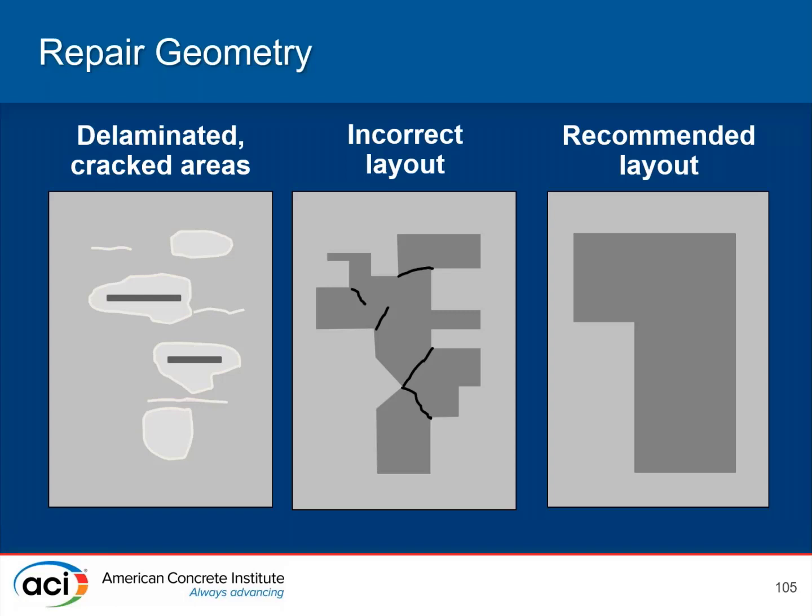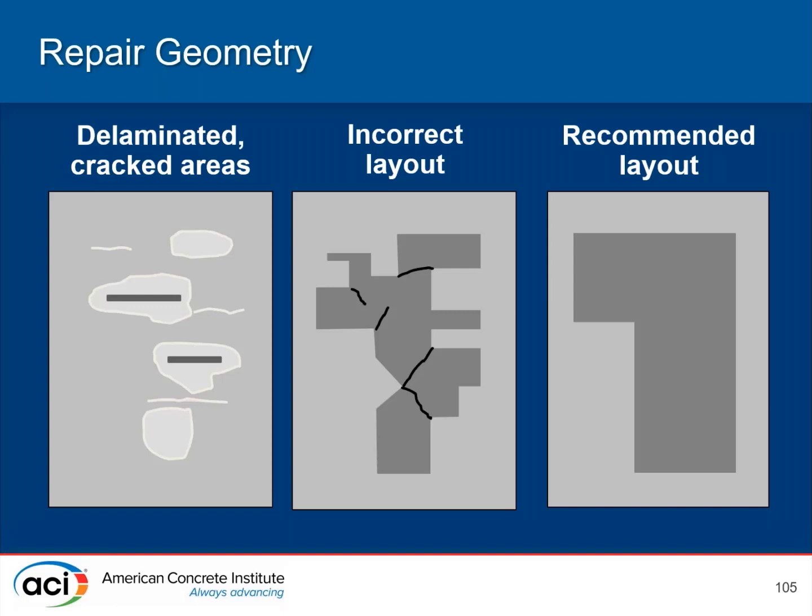It's also often necessary to extend the repair areas to include corroded reinforcing steel or areas that have not yet manifested as surface issues, that have conditions of corrosion or bond deterioration between the concrete and the steel at areas that perhaps aren't cracked in a macro sense or haven't spalled yet, or haven't significantly delaminated yet.